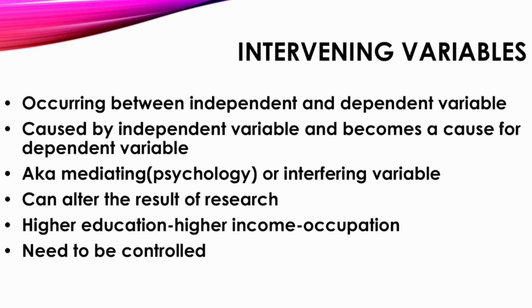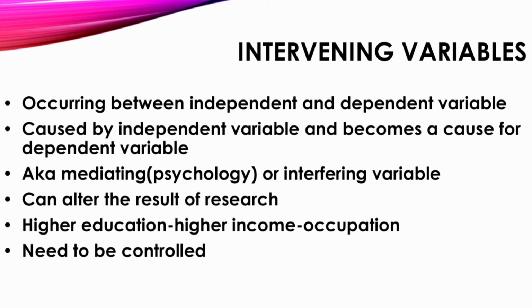An example best suited for the intervening variable is research being conducted to find out whether higher education leads to higher income. So we know higher education is the independent factor here and income is the dependent factor. No confusion in that. But is higher education the only factor which affects a higher income? No, there is a consequence regarding the independent variable and dependent variable, but what really affects income is the occupation of the person.